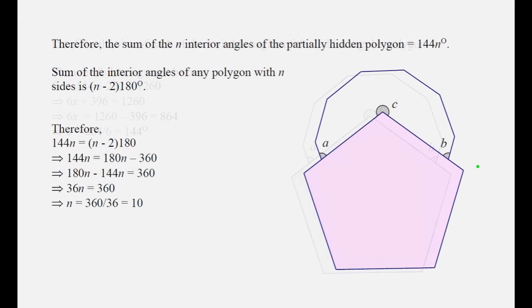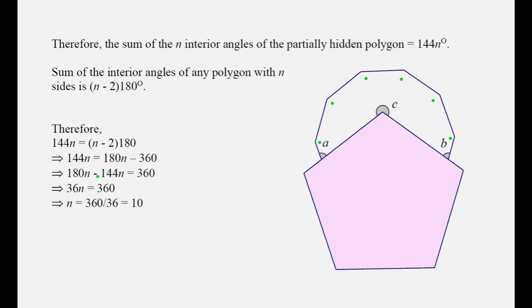From the previous discussion, we can conclude that this angle, this angle, this angle, this angle, this angle, and this angle, each is 144. Okay, this 144 doesn't have anything to do with A plus B. A plus B happens to be 144, but 2 minutes ago we established that each angle of the regular polygon that's hidden is 144.